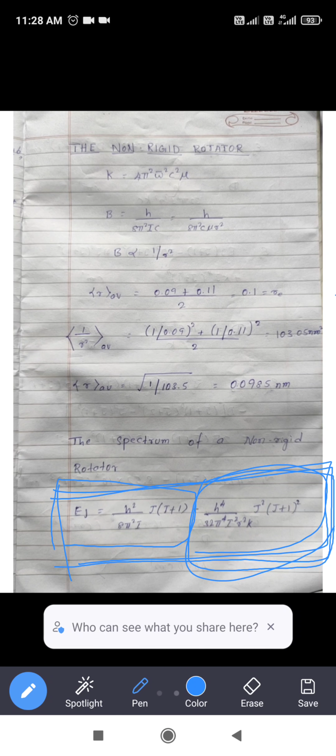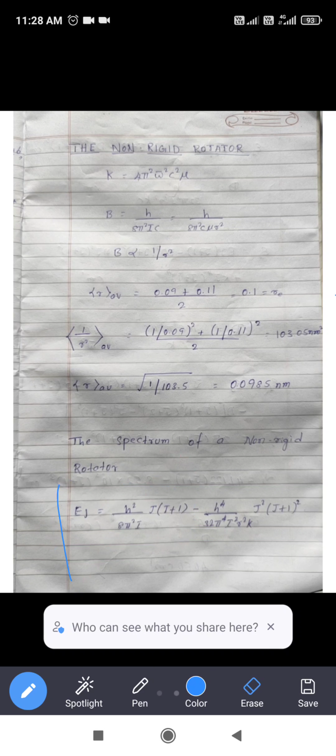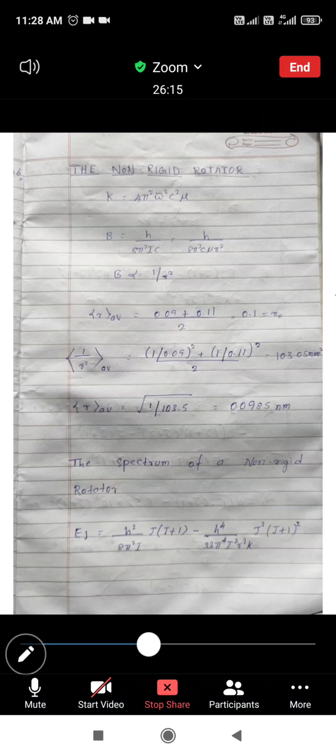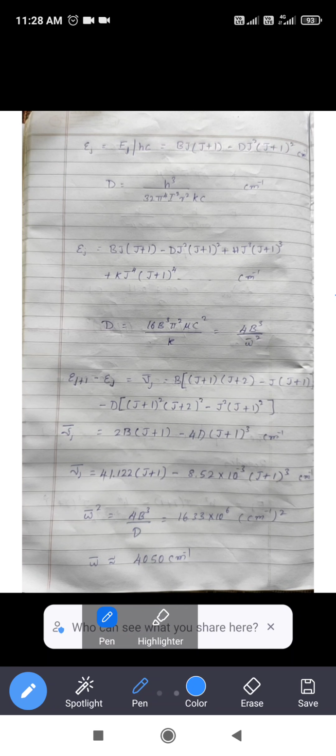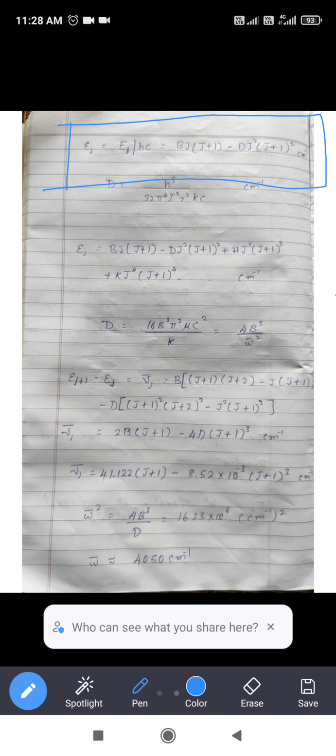Okay, so I can write this equation like this, Ej, small letter Ej, which is equal to capital letter Ej divided by hc.